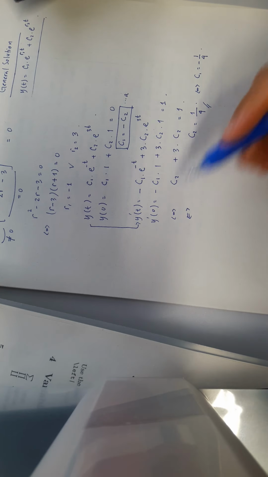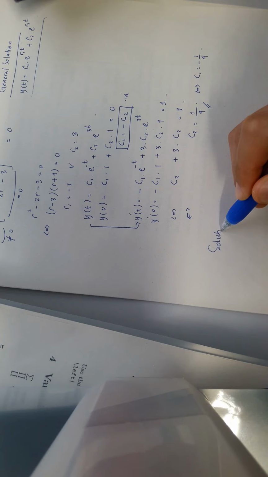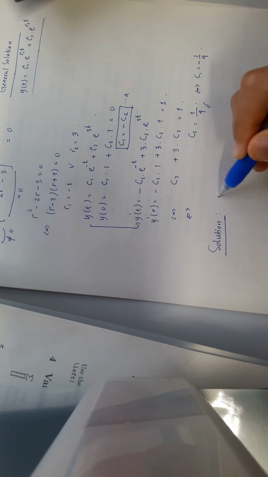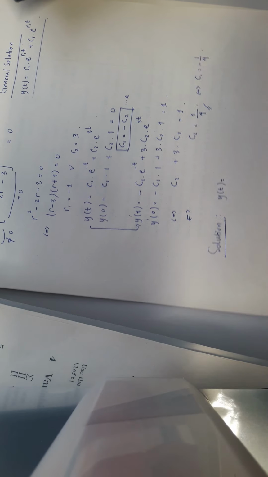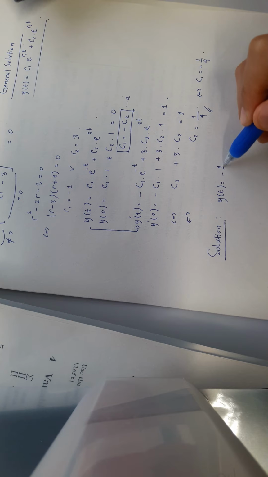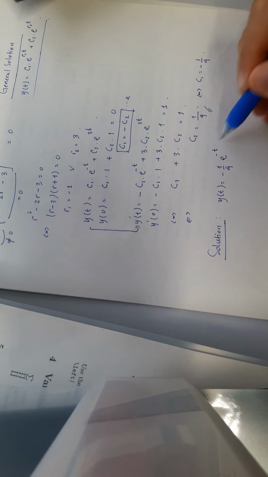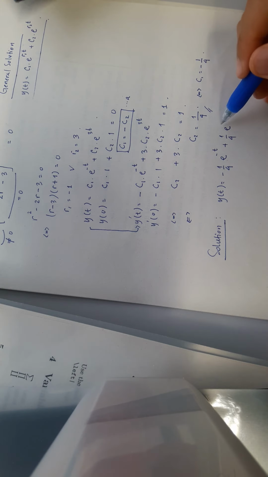So our solution is y(t) equal to minus 1/4 e^(minus t) plus 1/4 e^(3t). That's all.